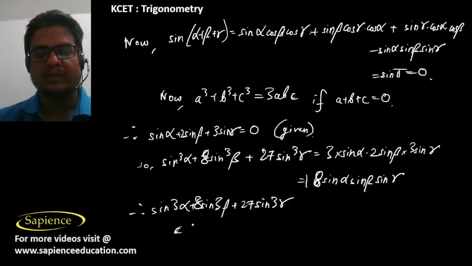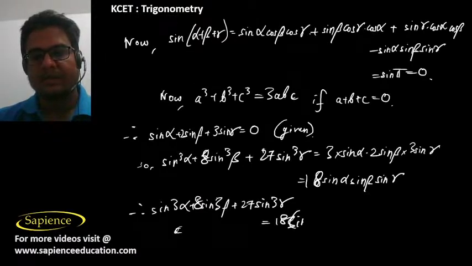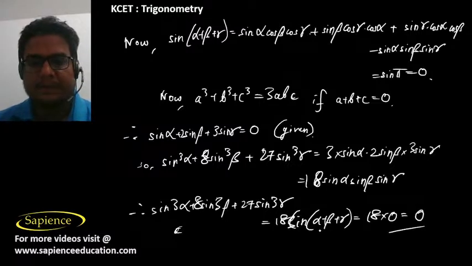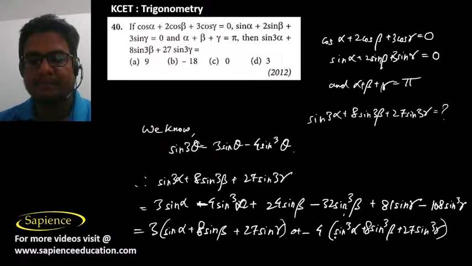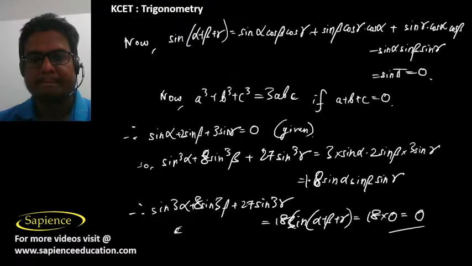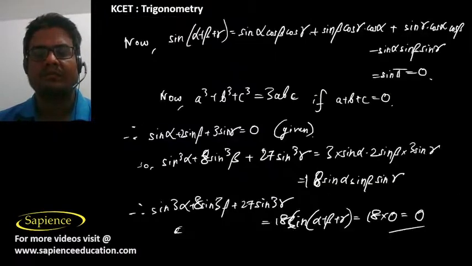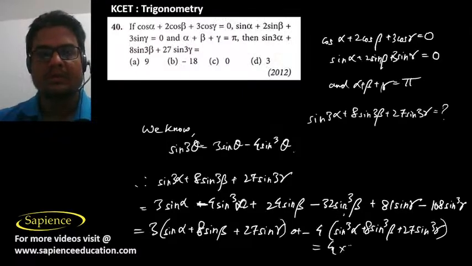And also we can see that this will be 18 into sine alpha plus beta plus gamma, which will be equal to 18 into 0, which is equal to 0.